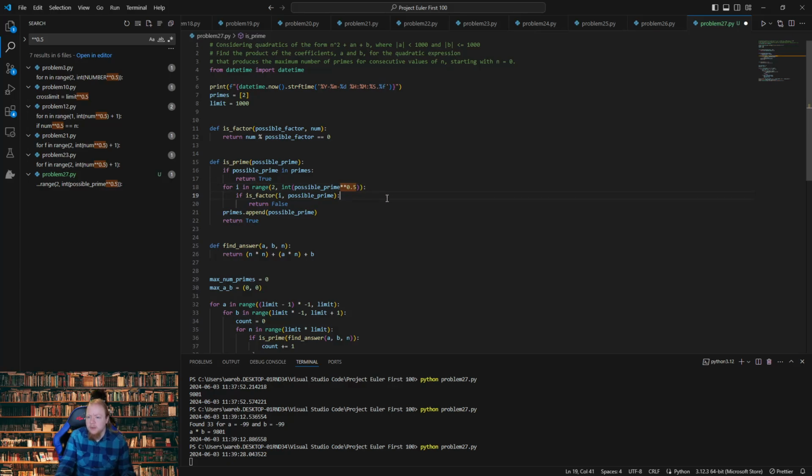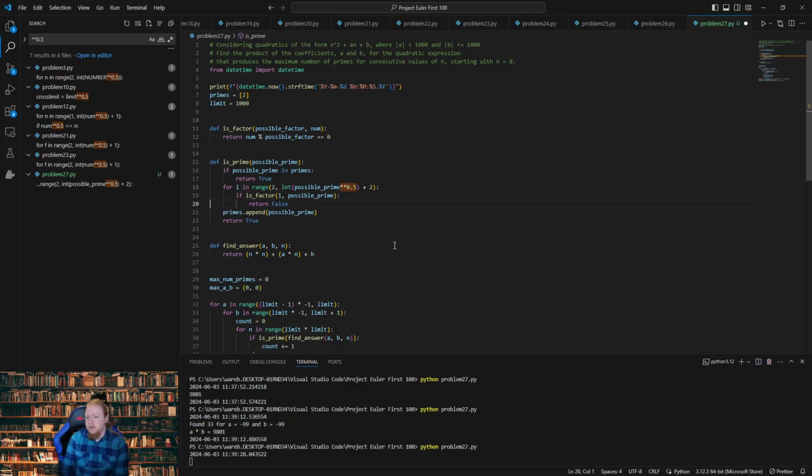Okay, so now it's going to start with the number 2 and go through to the square root. And I'm actually going to make that plus 2, just in case.